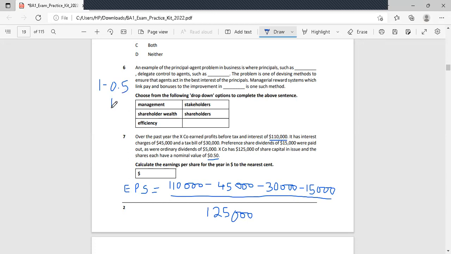So 125,000 is made up of how many shares? 125,000 into 1 divided by 0.5. On that note, here it would be divided by 0.5. Please do the math and let me know what the earnings per share is. The shares would be 250,000. That's right, and the earnings would be 0.08. Answer is 0.08. Yes, ma'am. Done.